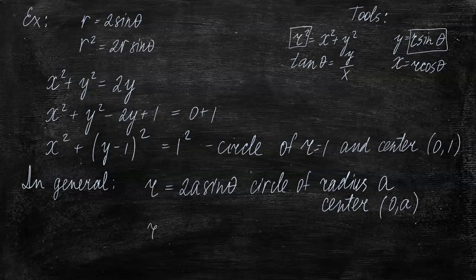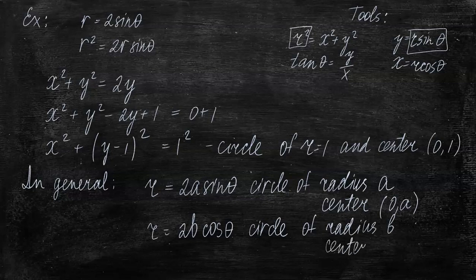So we can also conclude that the equation r equals 2b cosine theta will produce a circle with radius b and center at (b, 0). It's very easy to verify doing the same steps that we did earlier.